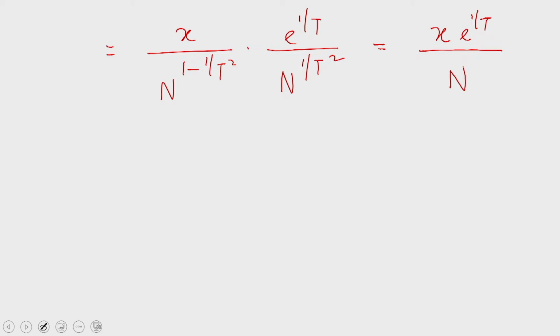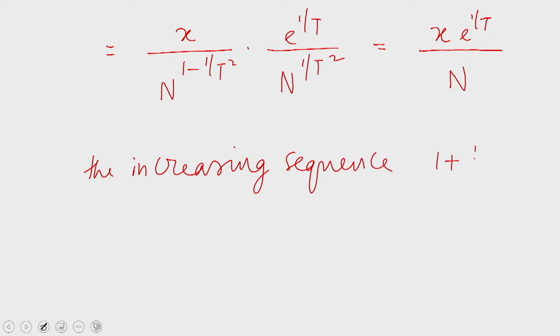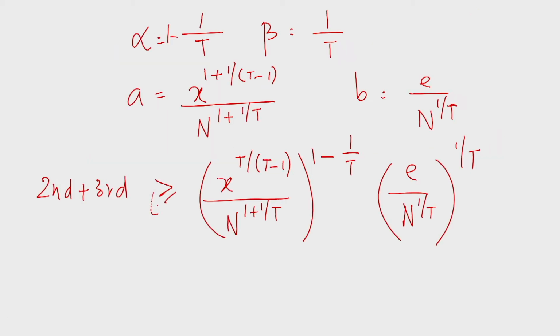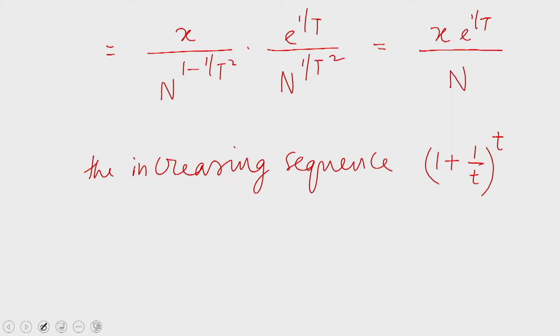But then we know that the increasing sequence (1 plus 1 by t) power t tends to e as t tends to infinity, which means the sequence converges to e from below.